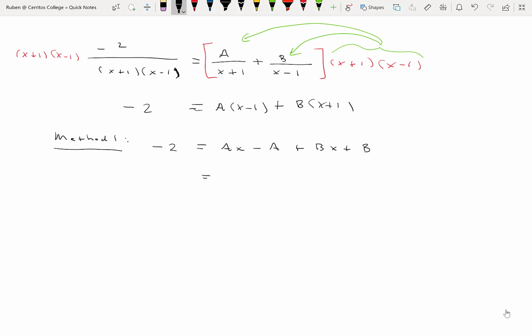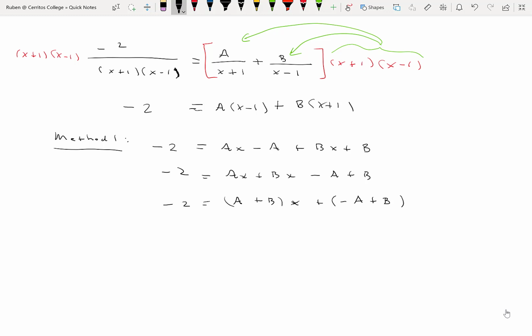So you have Ax plus Bx, and the constant term minus A plus B. Factor out the x from the first two terms, and group the negative A plus B. And all of this is supposed to equal negative 2.